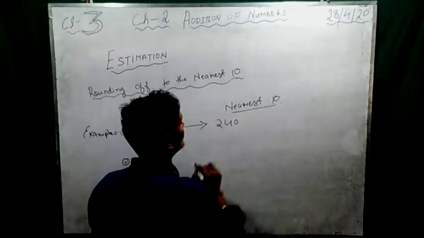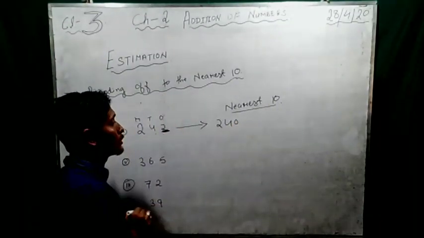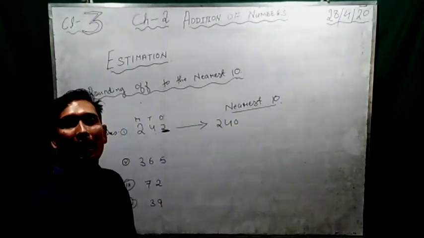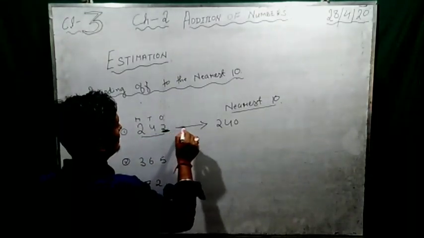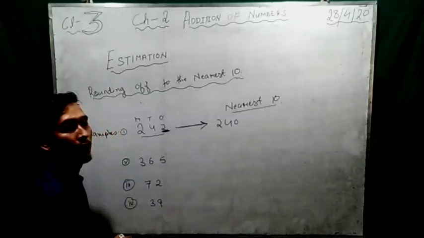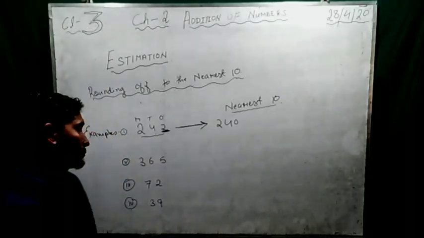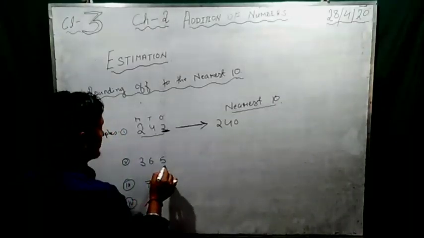So we replace the ones digit by 0. So for 242, the nearest ten is 240. Clear?